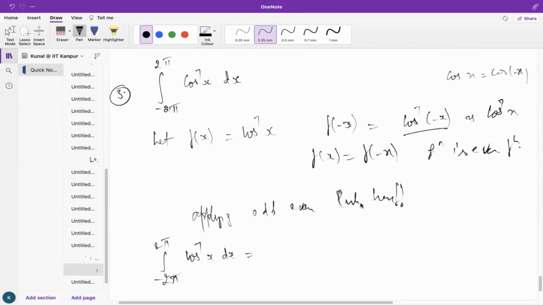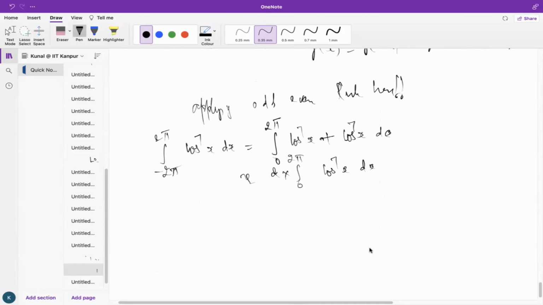So what do we get? We are integrating from 0 to 2 pi cos to the power 7x, f of x plus f of minus x, right? So both values will be same. Now we get 0 to 2 pi, 2 into cos to the power 7x dx, right?